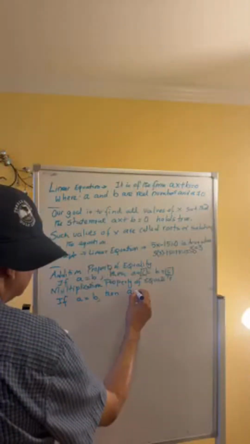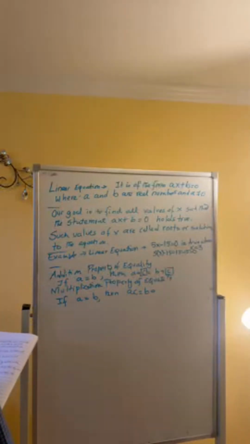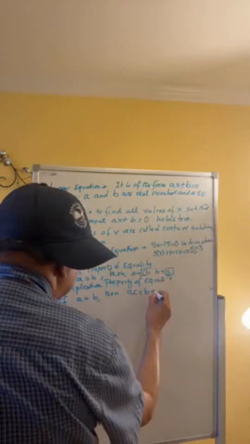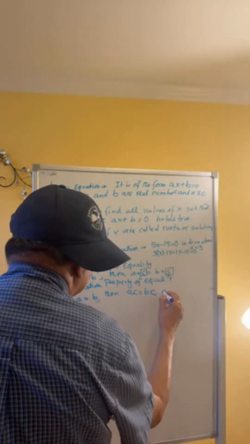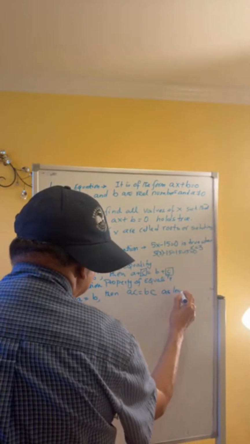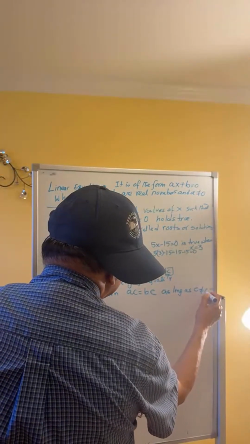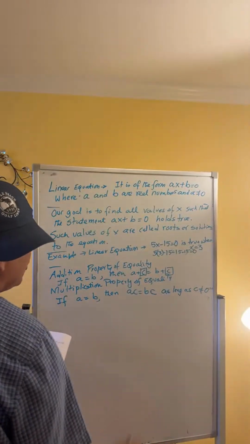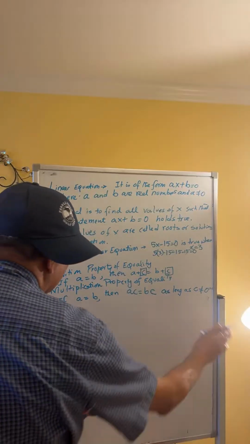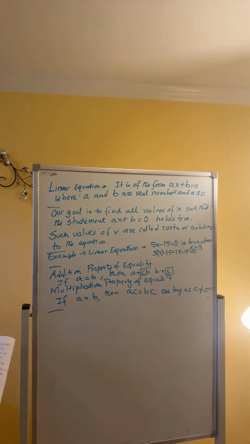Then AC is also equal to BC, as long as C is not equal to 0. An equal sign with an oblique line drawn through it means not equal to. Okay, let's do some problems.